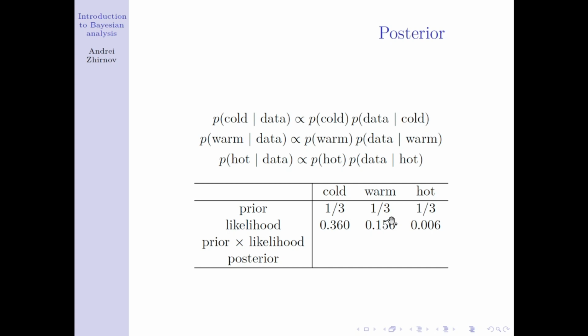We need to multiply the prior probability of it being warm outside with the likelihood associated with it being warm outside, and we need to multiply the prior probability of it being hot outside by the likelihood associated with it being hot outside. Once we have these products, we can normalize them to obtain the posterior probabilities, the posterior beliefs. And here are the results of such calculations.